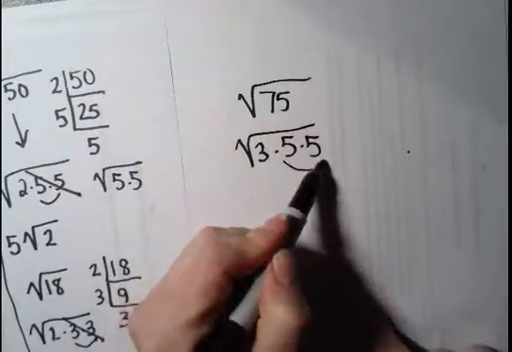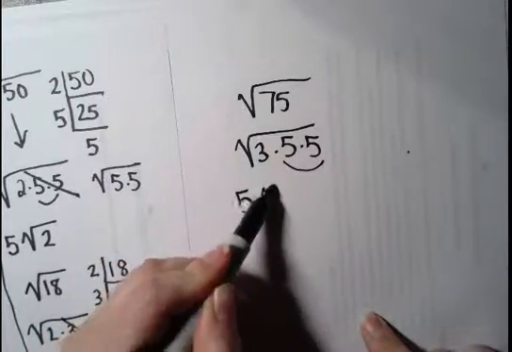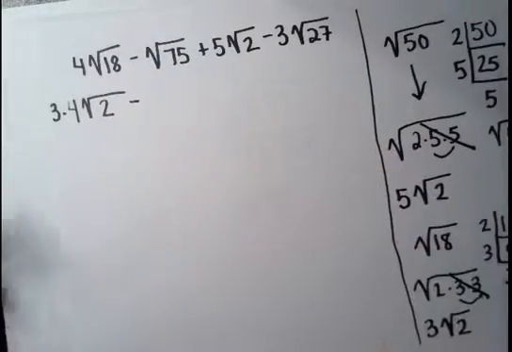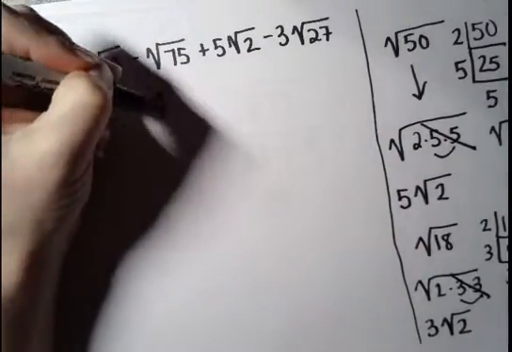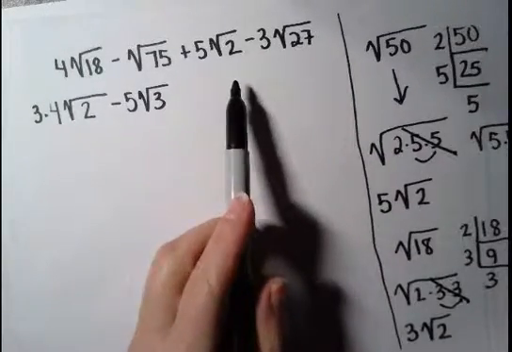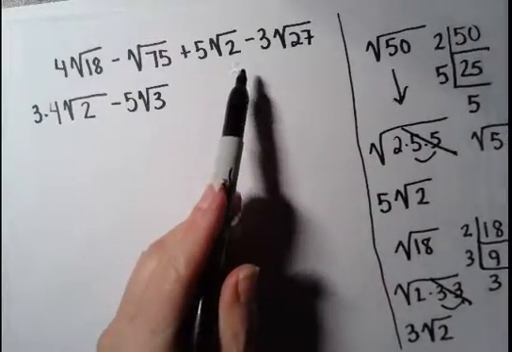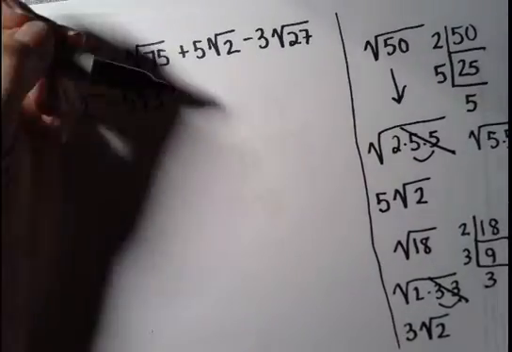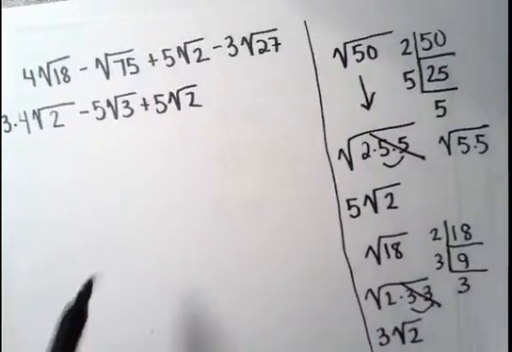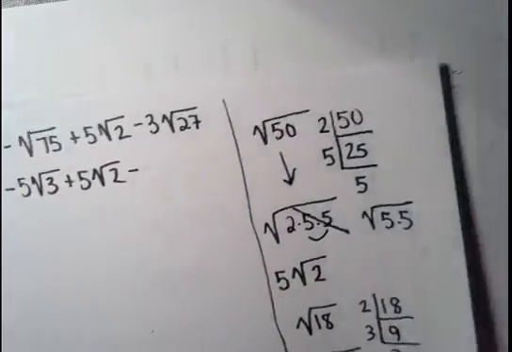So you see I can take out a pair of 5s and it would be 5 times the square root of 3. So the square root of 75 can be rewritten as 5 times the square root of 3. Then 5 times the square root of 2. 2 doesn't have any ways to break it down, so we have to just leave it. 5 times radical 2. And then minus 3 times the square root of 27.